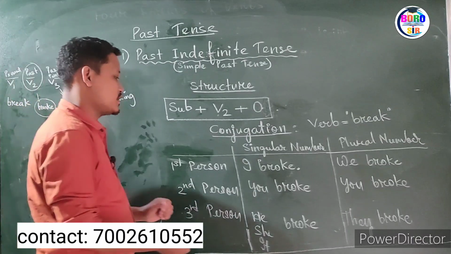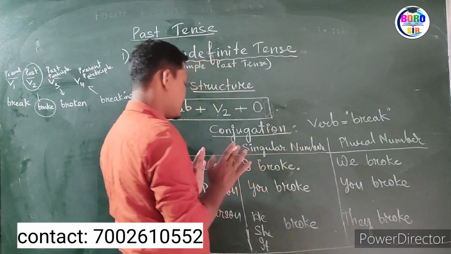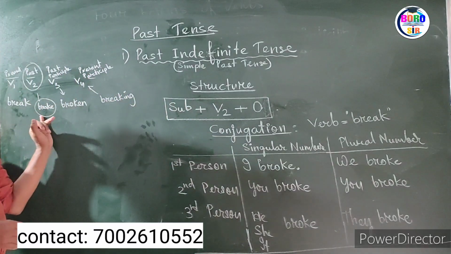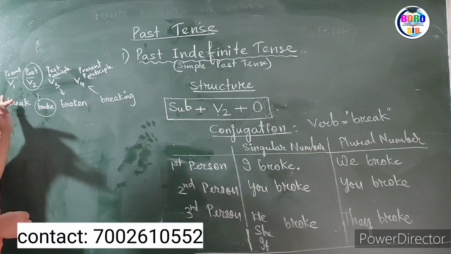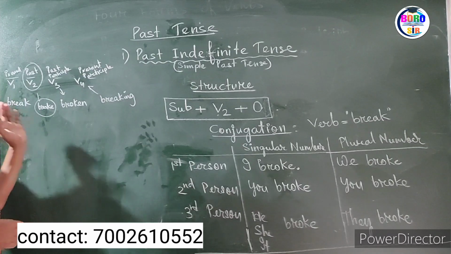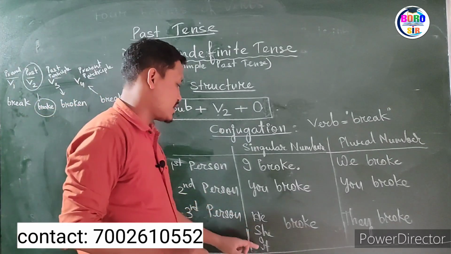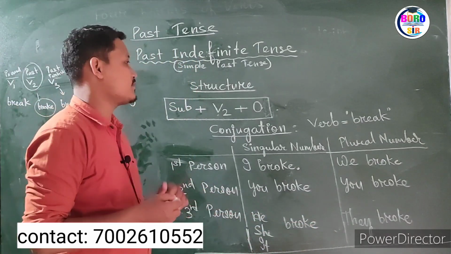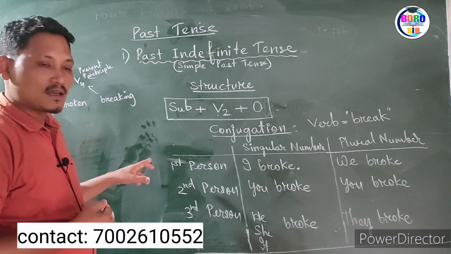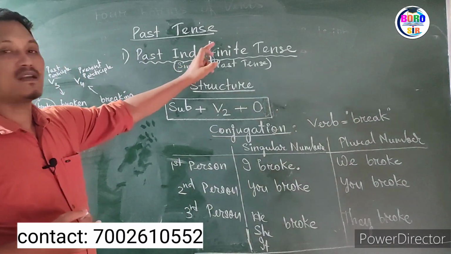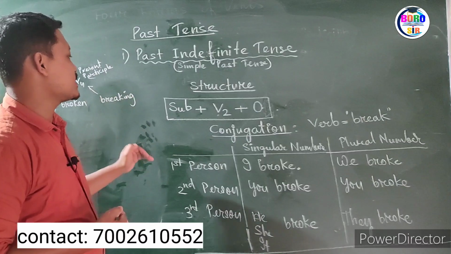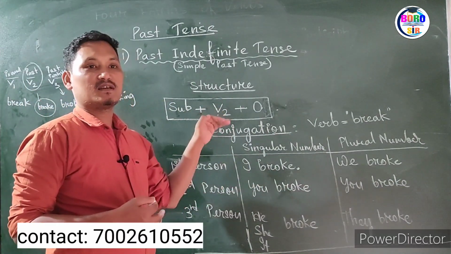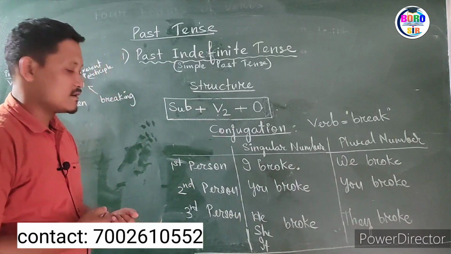Now remember, there is no s added to the verb number 2. Verb number 2 never takes any s. But if it is a verb number 1, then this will take s at the end of the verb number 1. But this is not the present indefinite tense. It is the past indefinite tense, and the past indefinite tense allows only verb number 2 in its construction.